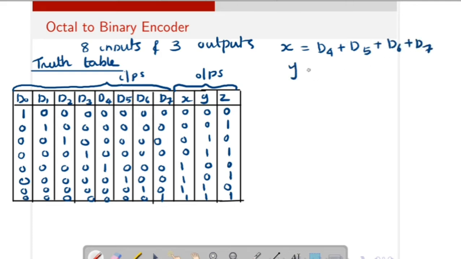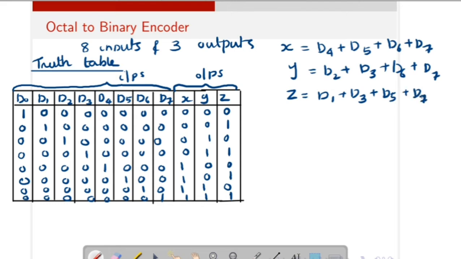Then y is equal to 1 for D2 or D3 and also for D6 or D7. Then z is equal to 1 for D1 or D3 or D5 or D7.